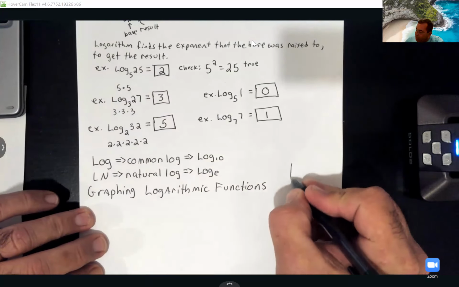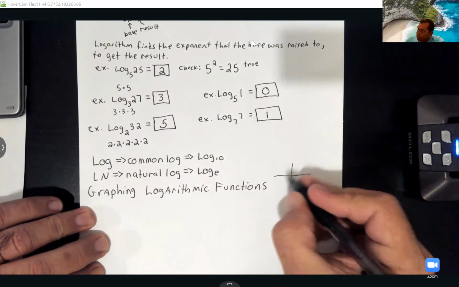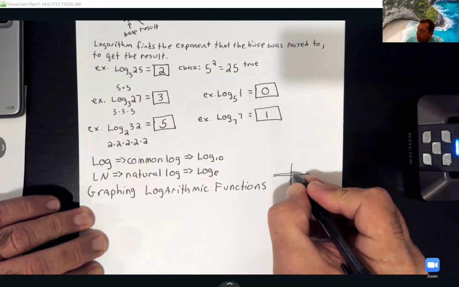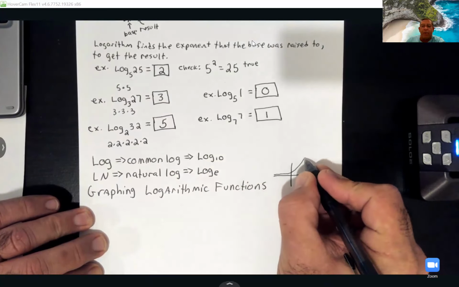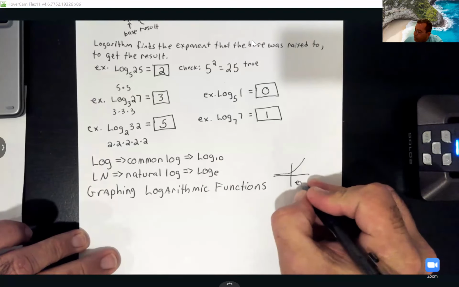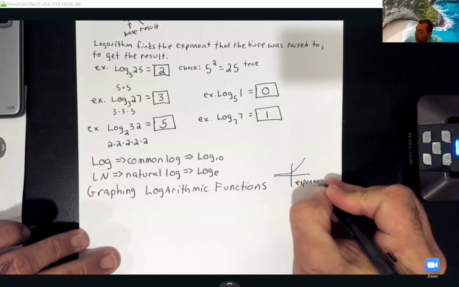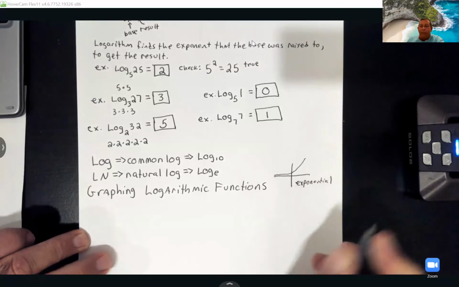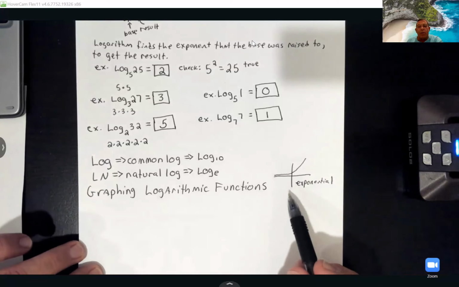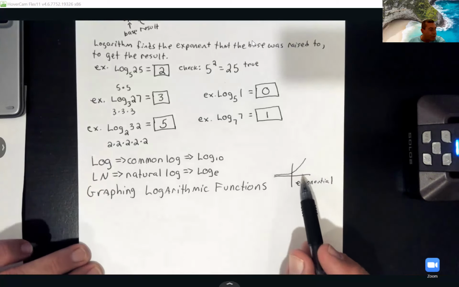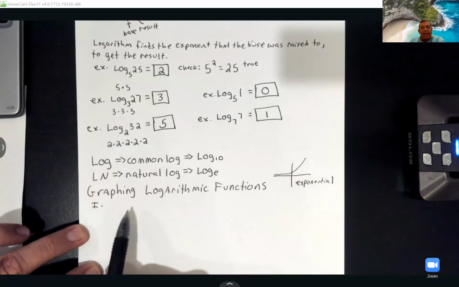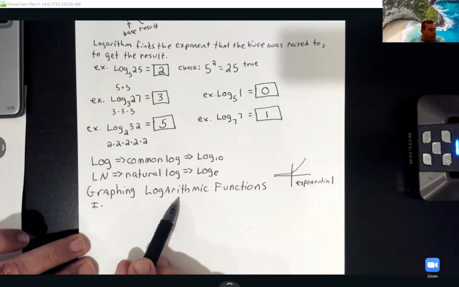If you remember last week, when we were drawing the exponentials, they came up, went through 0, 1, and then started curving up pretty steep. This is exponential, that we did last week. We're going to look at logarithmic because they're sort of the inverse of these exponentials. So, a few things I know about logarithmic functions.